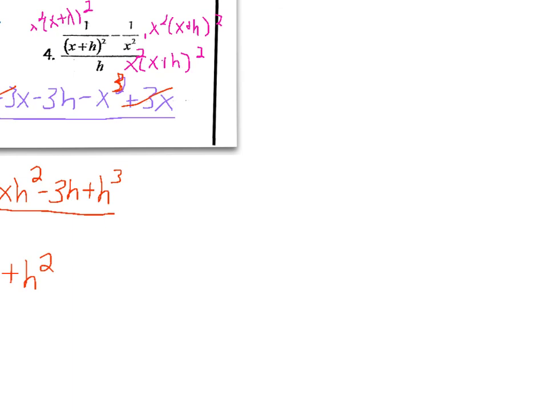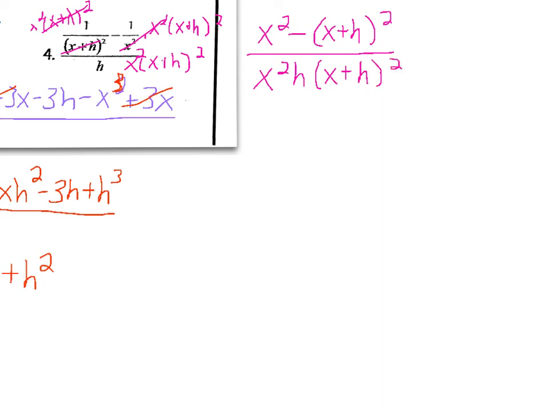Okay, so when we multiply by that, the x plus h squareds will cancel in the first term, and we're just left with x squared. The x squareds will cancel in the second term, and we want to leave the negative out in front. And nothing will cancel in the denominator, but that's okay because something might cancel later.